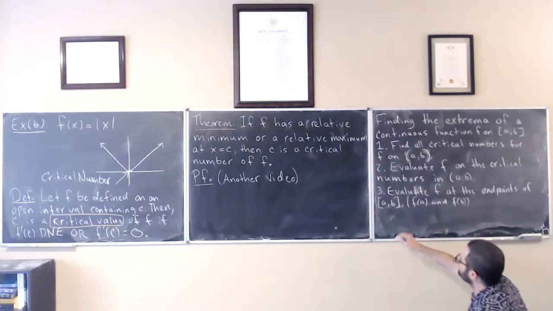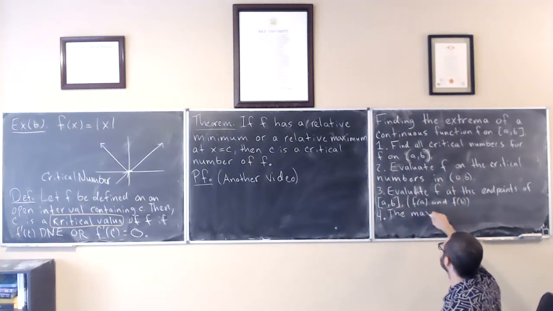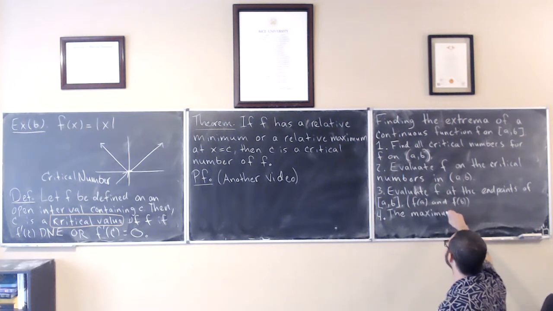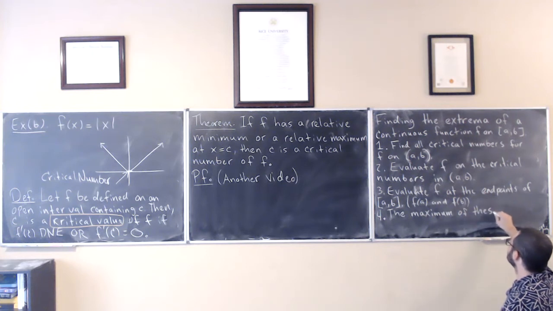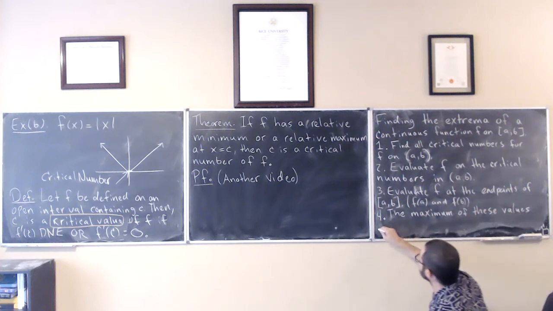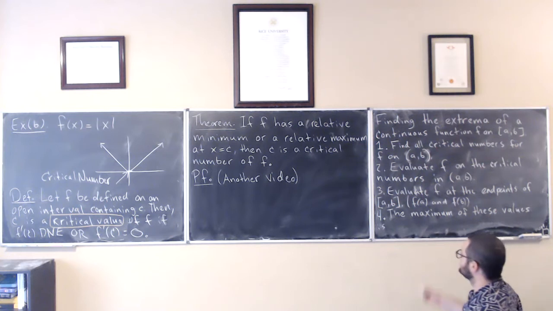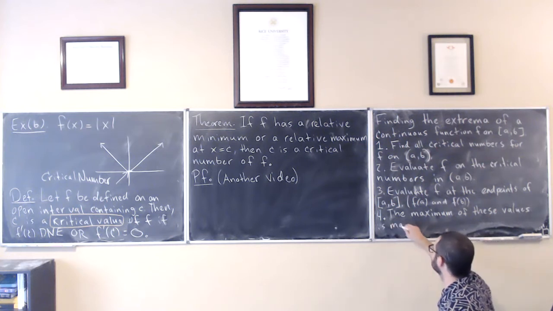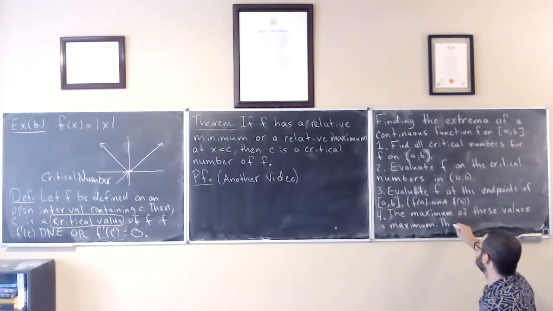And then part four is the simplest. The maximum of these values is the maximum, and the same for the minimum.